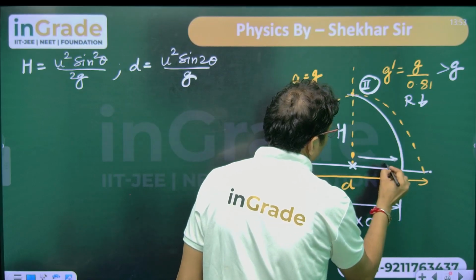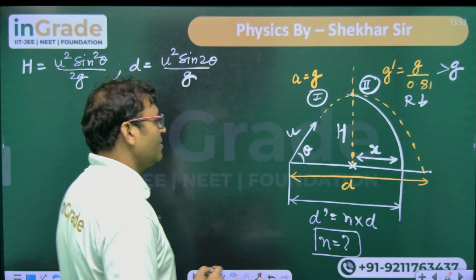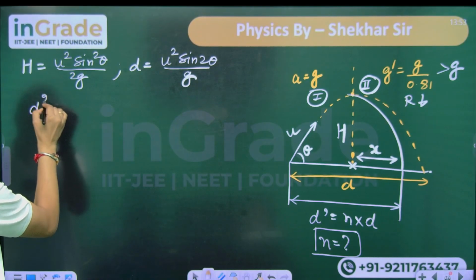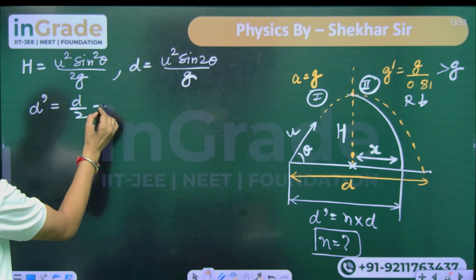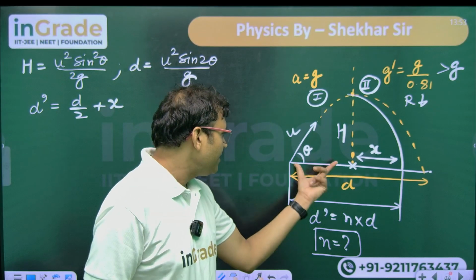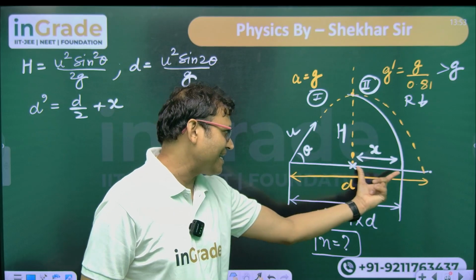Let me call this to be x. So can we write d dash is equal to d by 2 plus x?